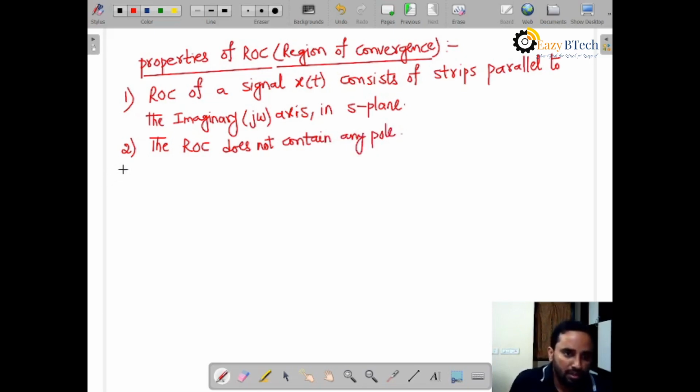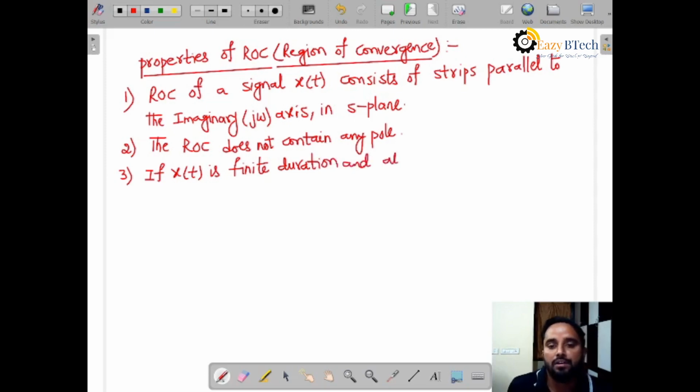And the third point, if the signal x of t is finite duration and absolutely integrable, then ROC is the entire S-plane.